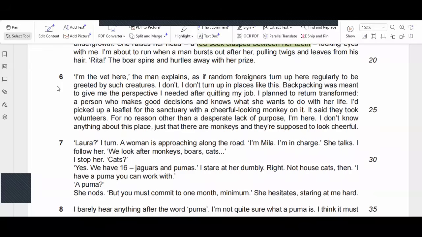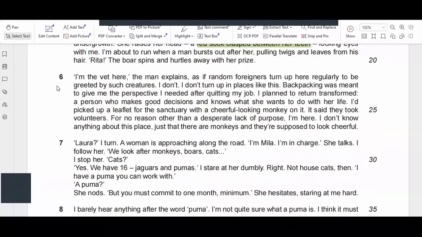I had picked up a leaflet for the sanctuary with a cheerful looking monkey on it. It said: looking for volunteers. They took volunteers for no reason other than desperate lack of purpose. I am here. I don't know anything about this place. Just that there are monkeys and they are supposed to look cheerful.